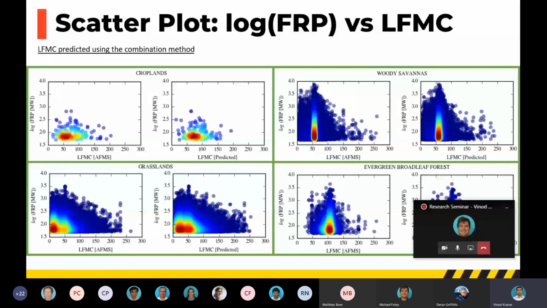You could see that over grasslands there's a bit of overestimation in the predicted live fuel moisture content data, which is the bottom panel at the left, but over savannas and evergreen broadleaf forest, it is able to estimate the live fuel moisture content with good accuracy.